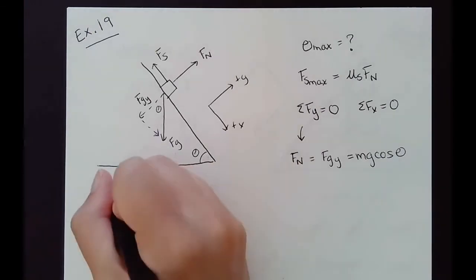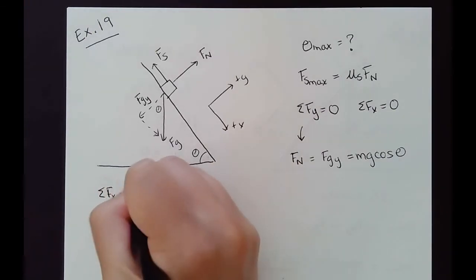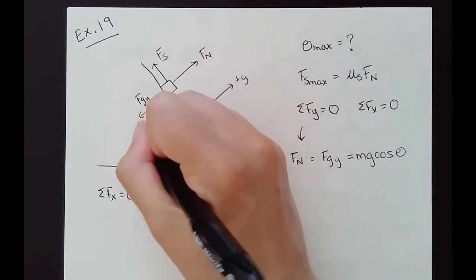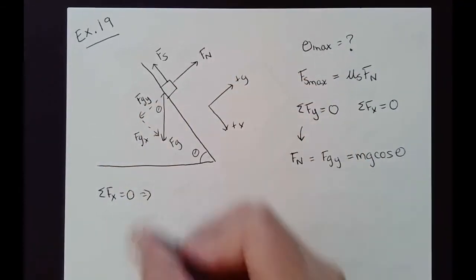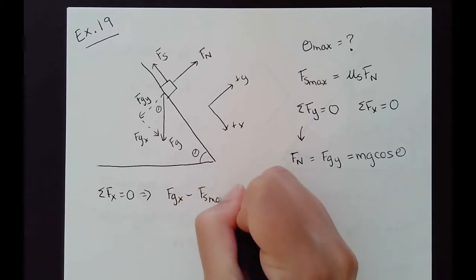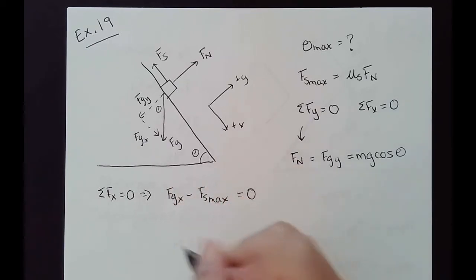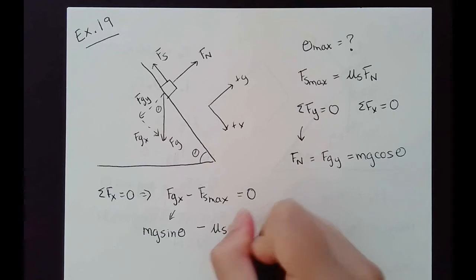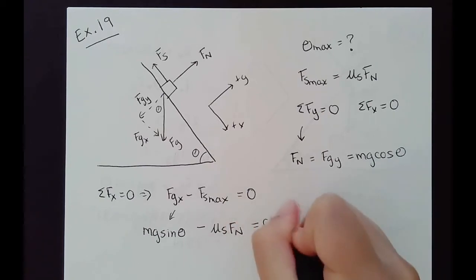Then in the x direction, the net force, again 0 of course, so I have just this x component of gravity, Fgx, and the static friction. So Fgx minus the maximum static friction equals 0. So here for Fgx, this is mg sine theta minus mu s Fn equals 0.